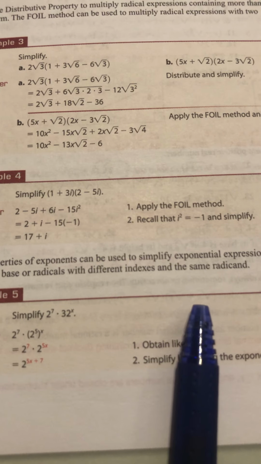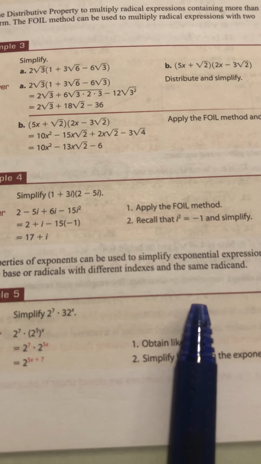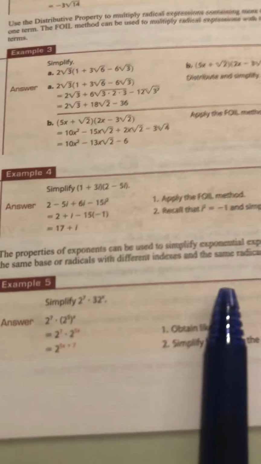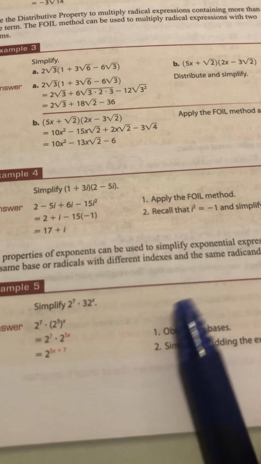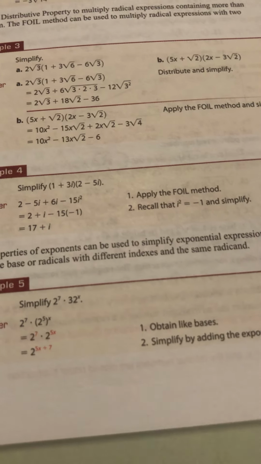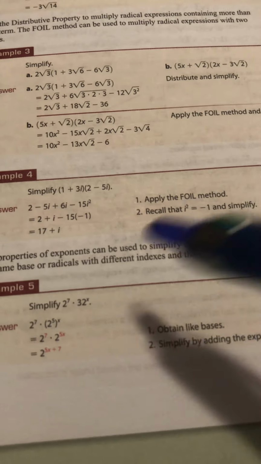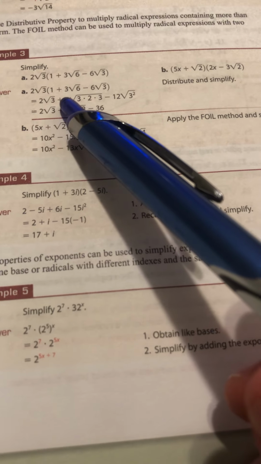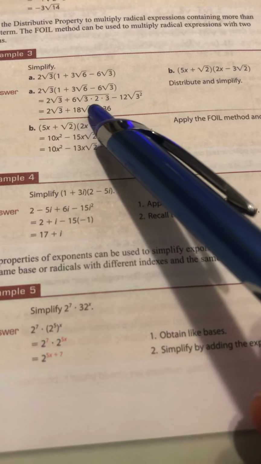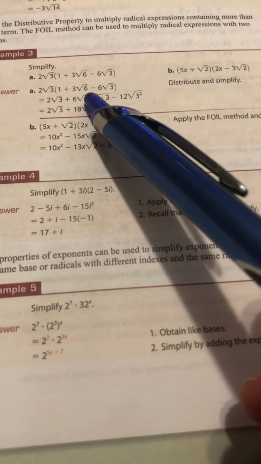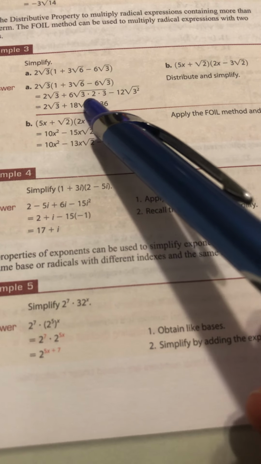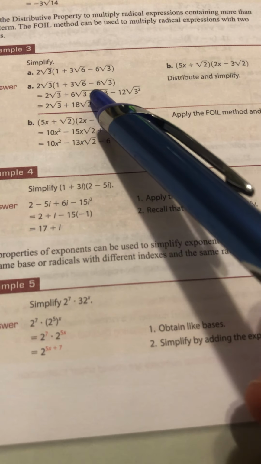All right, if you're just looking at this as is, are there any like terms that you can combine together? Well, one thing that they've done here that might have confused you at first is you needed to be able to bring your 2 to the third. If you'll see, they broke down this 6 right here. So that gave us 3 times 2 times 3.